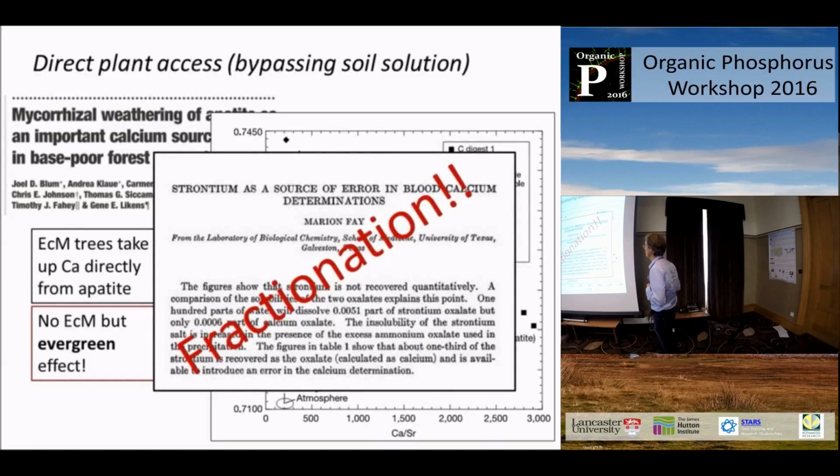a very long time. I came across a paper, I think it was from 1919, so quite a long time ago, and they already warned against the use of calcium-strontium ratios. That was about blood and using oxalates in blood samples, but the same is true here, and probably in those plant leaves, calcium oxalate plays an important role in the recycling of your calcium.